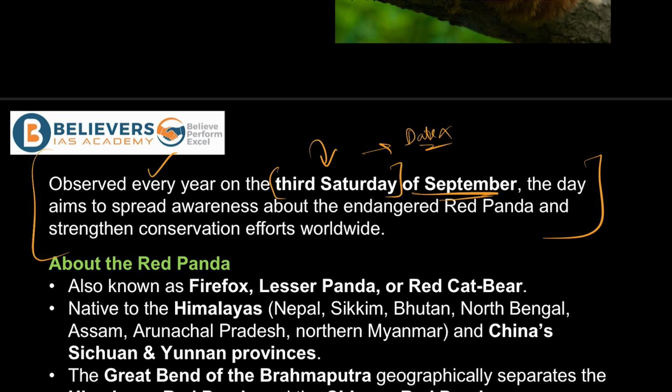This becomes important as a fact: every year, the third Saturday of September is observed as International Red Panda Day, and this is the day dedicated to spreading awareness about the endangered red panda and to strengthening conservation efforts worldwide.